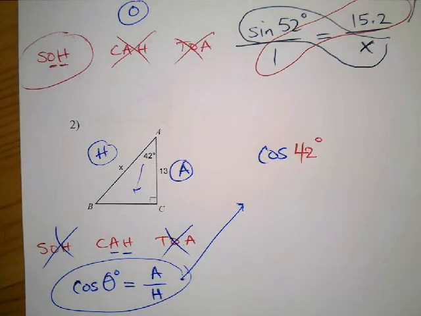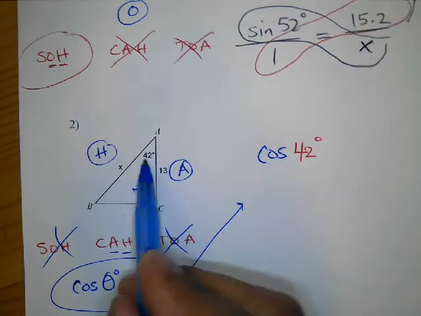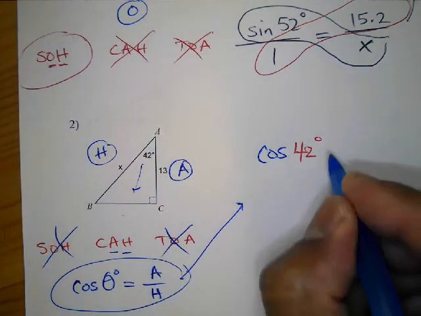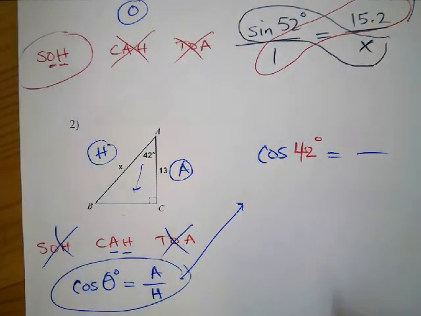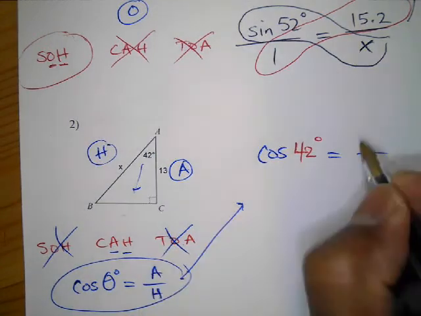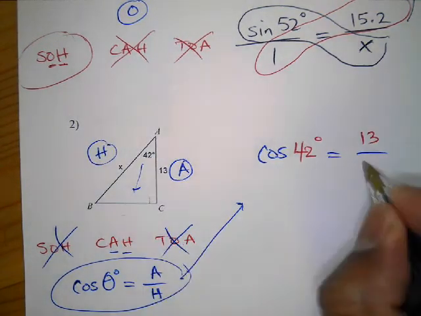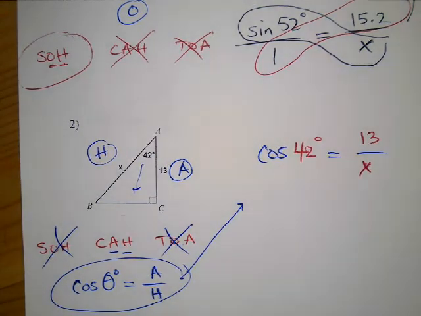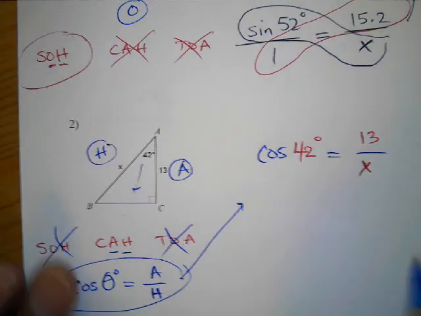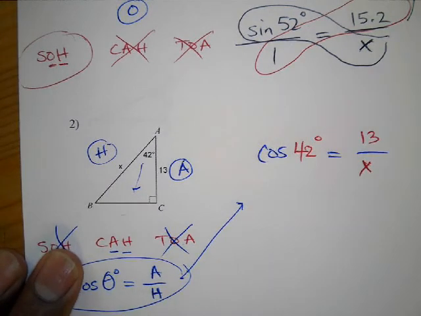That's going to be cosine of, what's the angle here? 42. All right, the angle is 42. Cosine of 42 is equal to what? A, which is 13, over H, which is x. Is that right? Let's see. Yep, that's right.